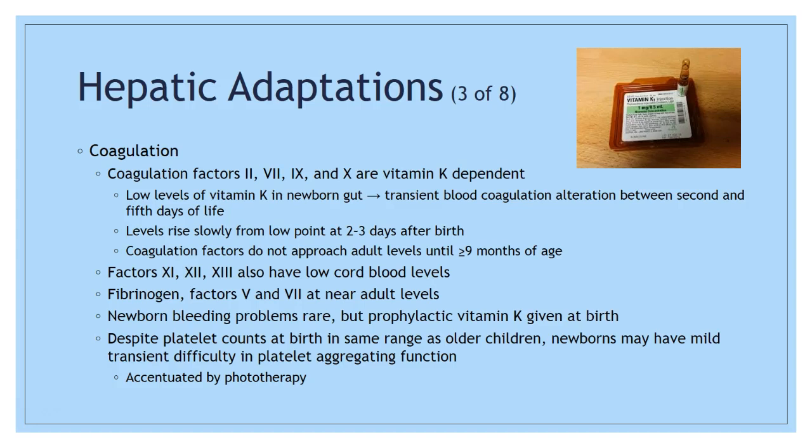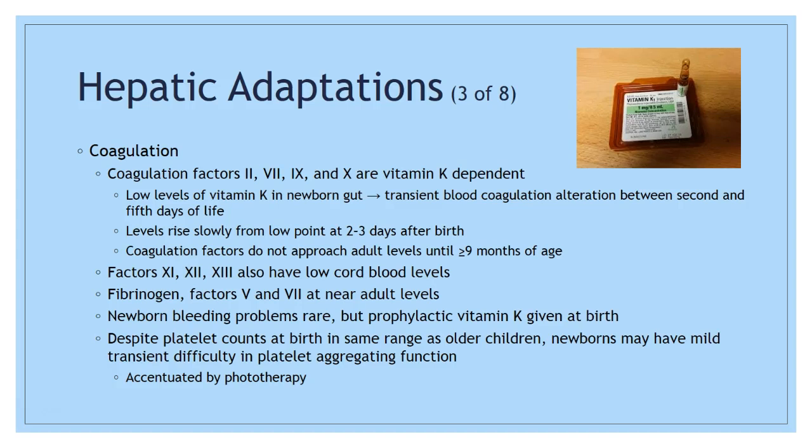Their vitamin K levels will rise slowly from a low point at 2 to 3 days after birth. But coagulation factors will not actually approach adult levels until they're about 9 months of age. I don't really care that you know all of these different clotting factors and where they come from and exactly what they do.